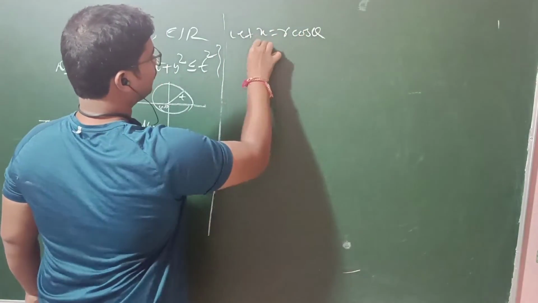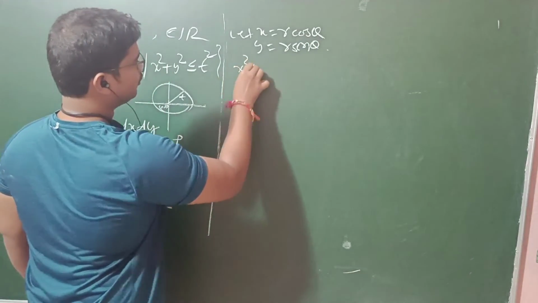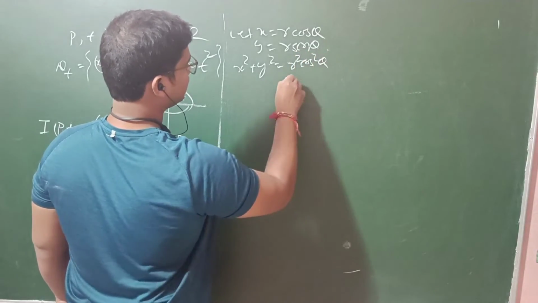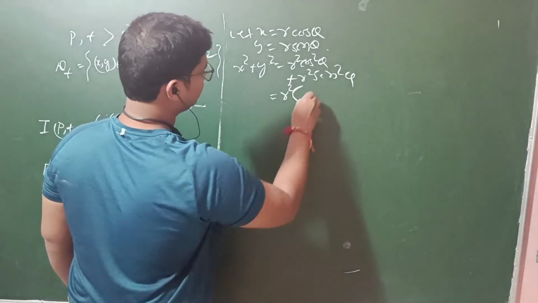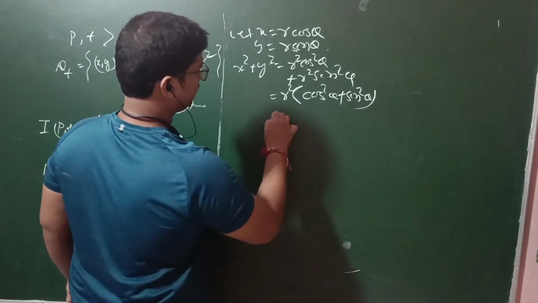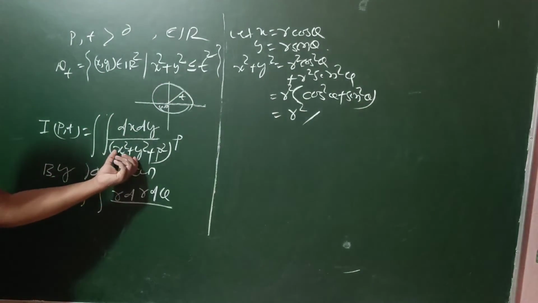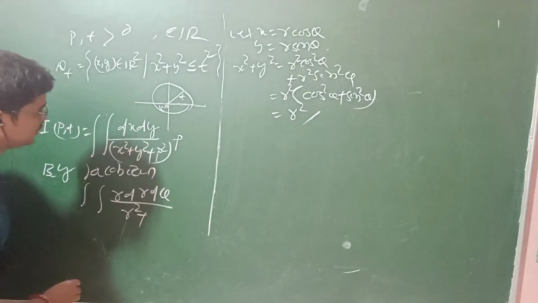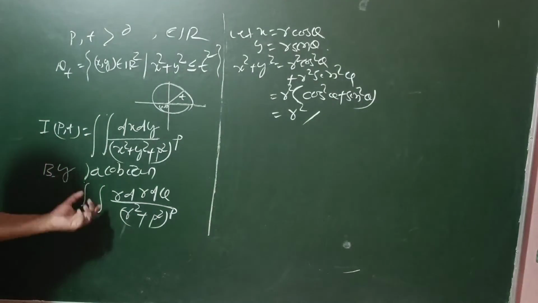Let x equal to r cos theta, y equal to r sin theta. So x square plus y square equal to r square cos square theta plus r square sin square theta, taking r square common, cos square theta plus sin square theta equal to 1, so x square plus y square equal to r square. So r square plus p square whole to the power p.